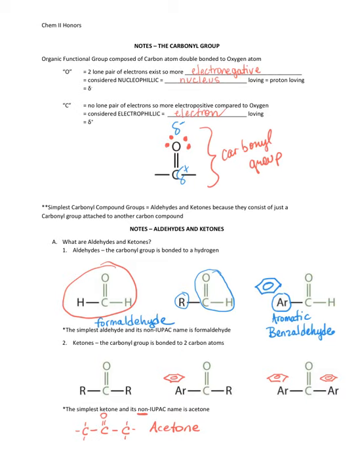Propene, prop means 3. Al means it's got the aldehyde at the end. That's on carbon 1, so on carbon 2 it's got the double bond. And that would be 2-propenal. All right, there you go.